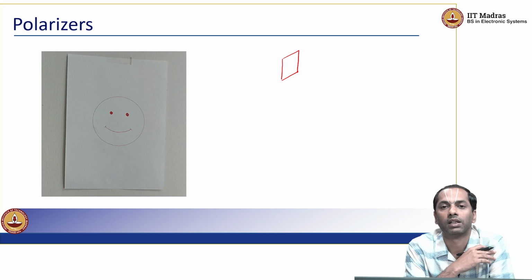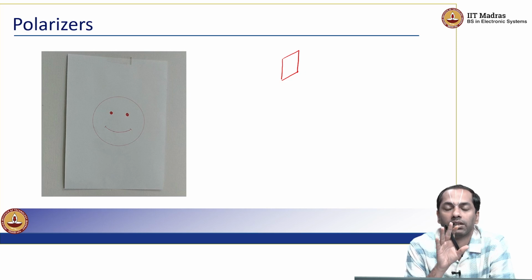So, this polarizer essentially, regardless of what the incoming polarization is, only sends out polarization of a very specific type. That is the function of a polarizer.